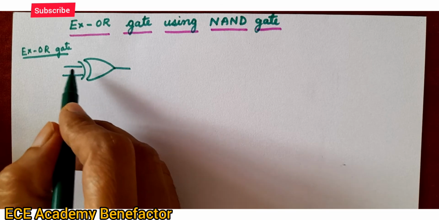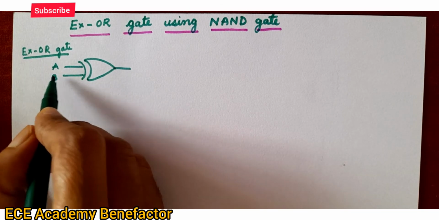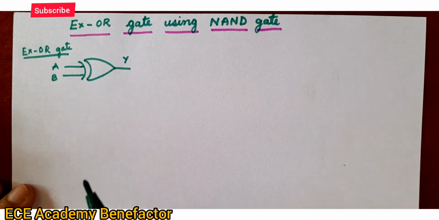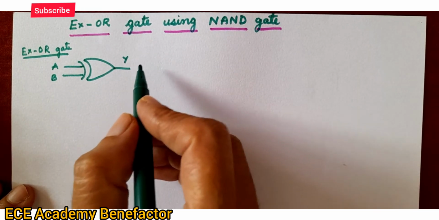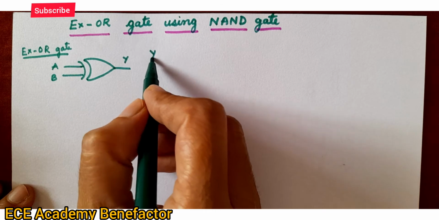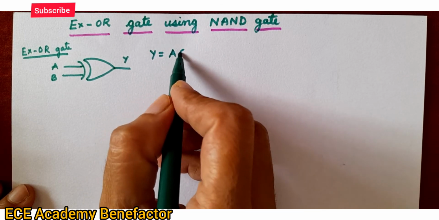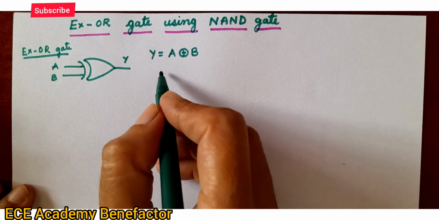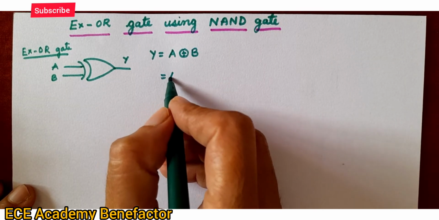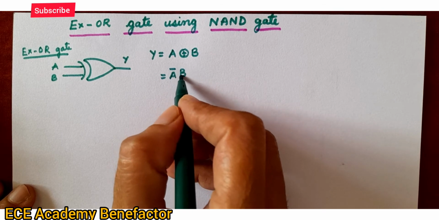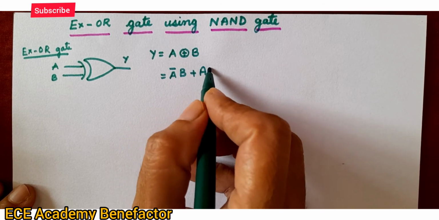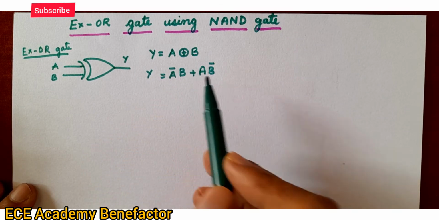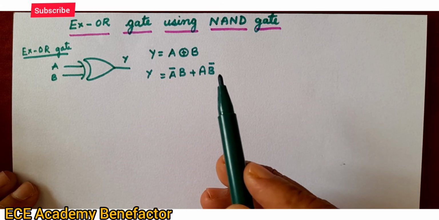Inputs are A and B and output is Y. The expression for XOR gate is Y is equal to A XOR B, which is written as A bar B plus AB bar. We can use either this expression or this expression for XOR gate.